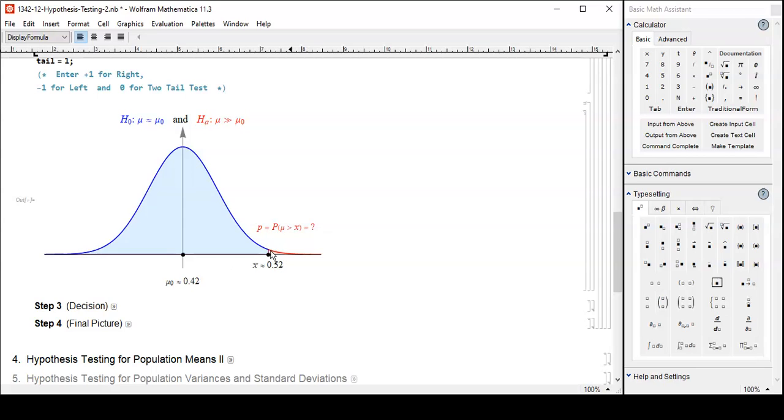And the usual X bar, the observed value, 52%, and we want to find out this red area. What is the probability that we end up with something this far away just by luck? So assuming the null is right, what is the probability that we end up with a result like this? And if that's really big, then it's quite likely that this kind of thing could happen.